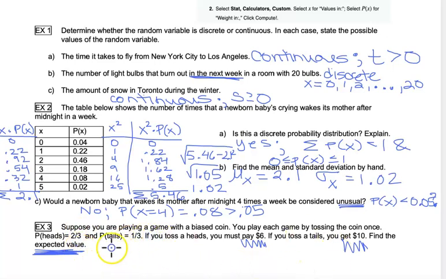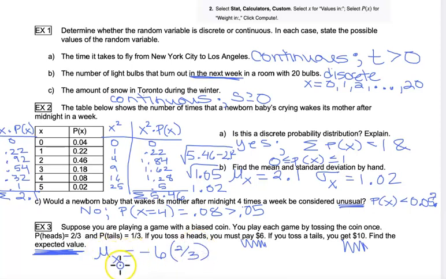So when I go to do the expected value, that's really just the same as calculating this guy. So I take the individual expected value, pay $6. Now pay $6 means you're losing $6. So the value is actually a -6. Then the probability of the value being -6, because it's heads, is 2/3.